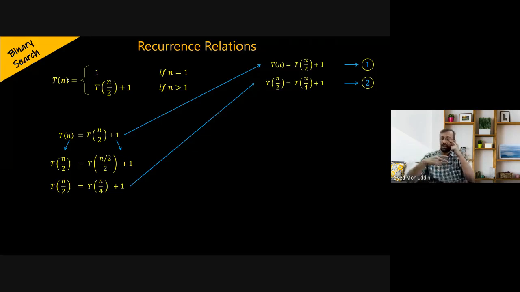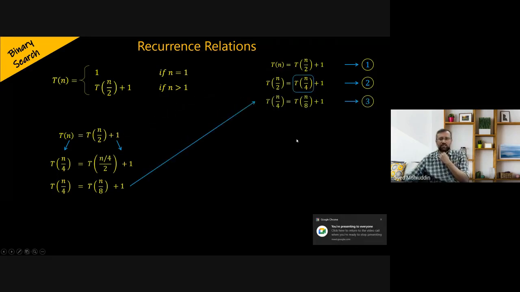So we will create an equation where n will be n/2. So T(n/2) equals T of (n/2)/2, plus 1 from the original equation itself. So here we have T(n/2) equals T(n/4) plus 1. This becomes our second equation, that is T(n/2) equals T(n/4) plus 1.